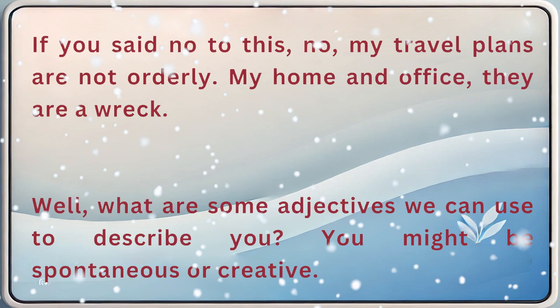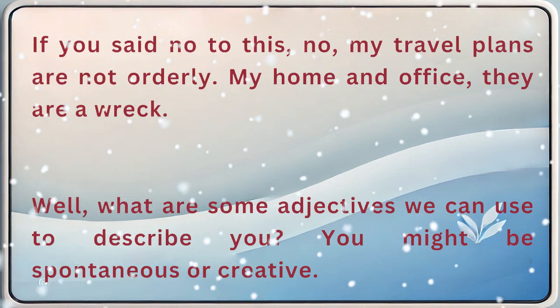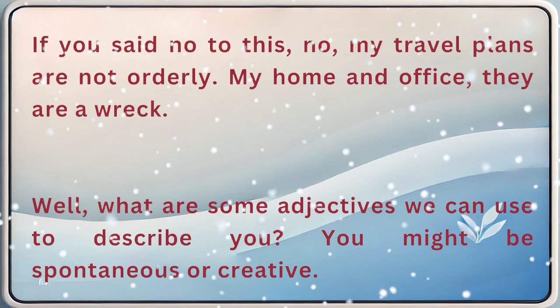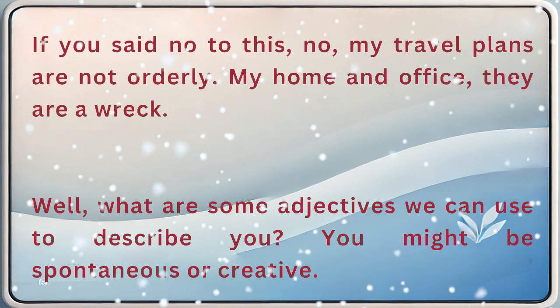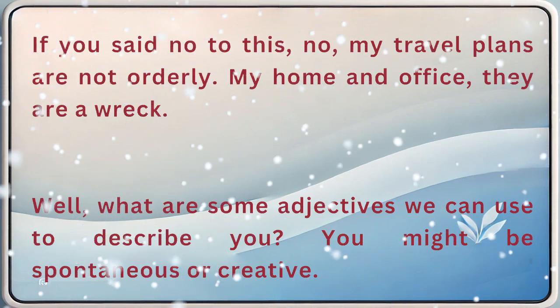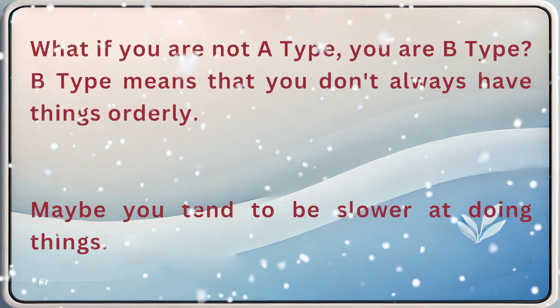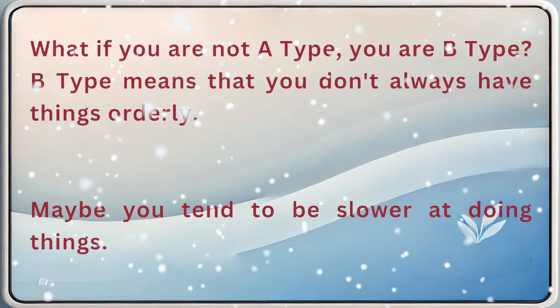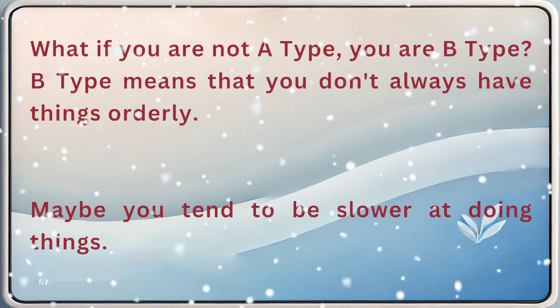If you said no to this, my travel plans are not orderly. My home and office, they are a wreck. Well, what are some adjectives we can use to describe you? You might be spontaneous or creative. What if you are not A-type? You are B-type. B-type means that you don't always have things orderly.